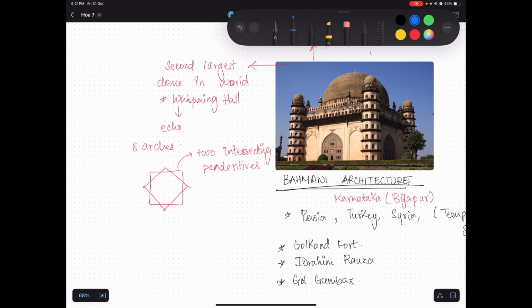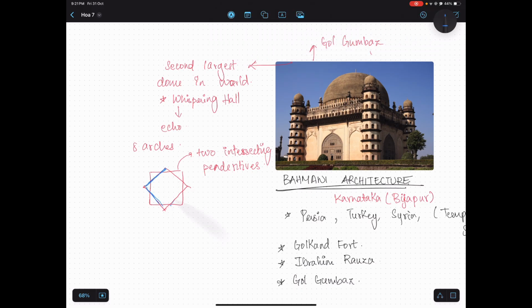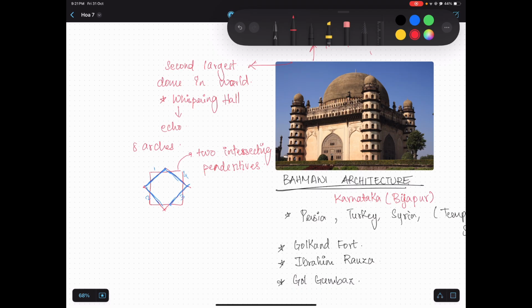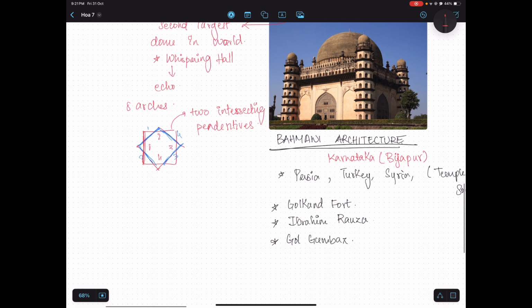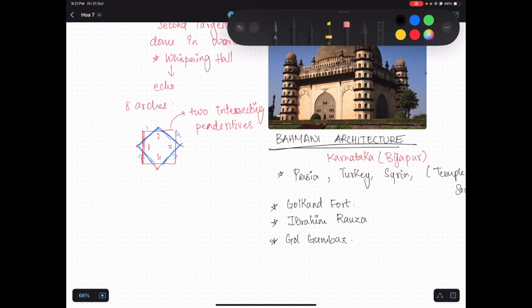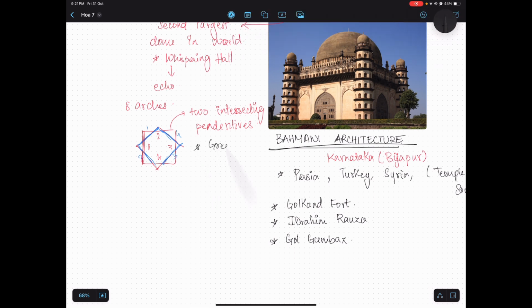You have an arch here, and this itself forms 1, 2, 3, 4 arches, and the others are on the sides, 1, 2, 3, 4. So you have 8 arches, that is, two intersecting pendentives, and the dome rests on that. The material predominantly used here is grey basalt. So that is about Bahmani architecture.